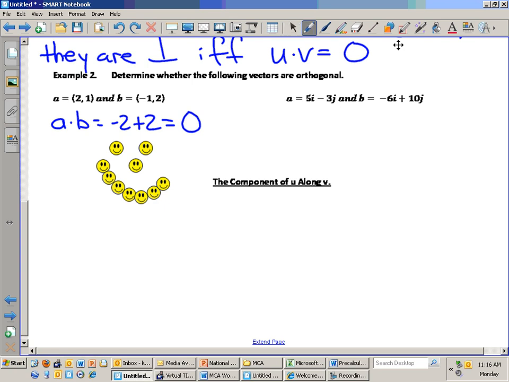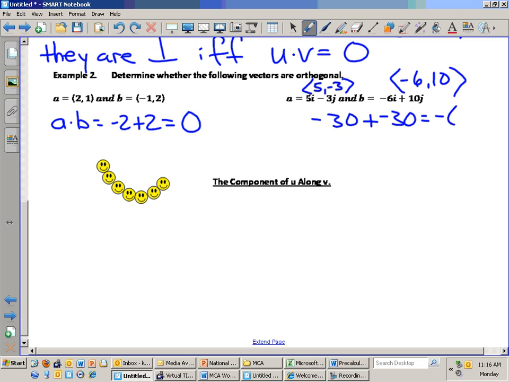Now for the vectors in component form, we have (5, -3) and (-6, 10). If we multiply those together, you get -30 plus -30, which is -60.